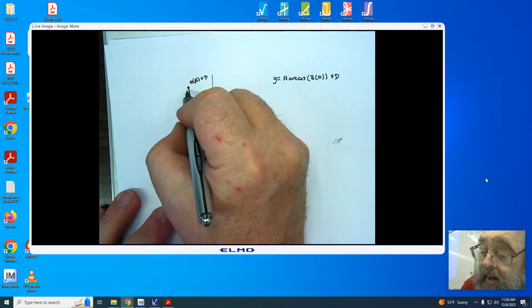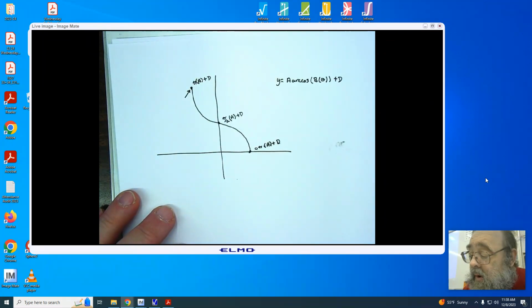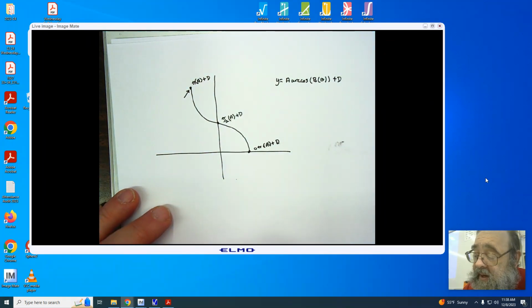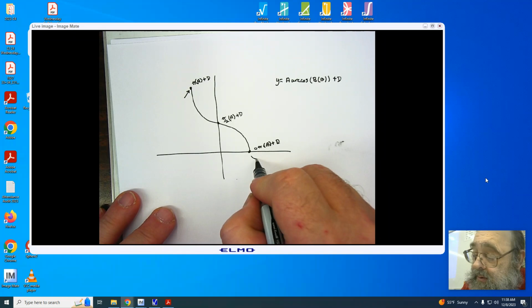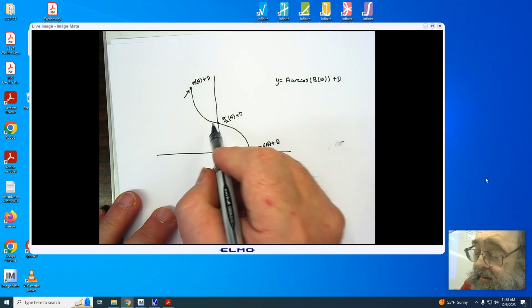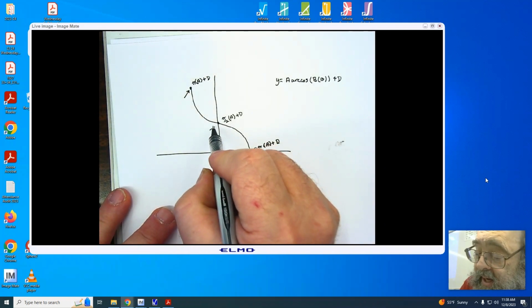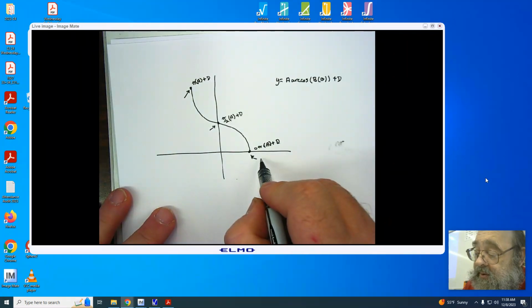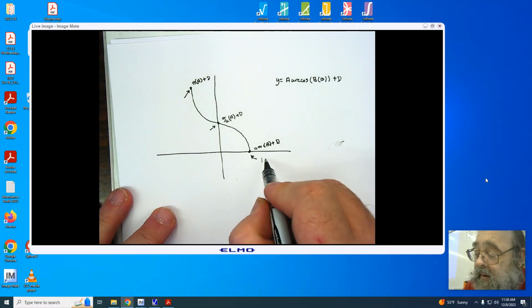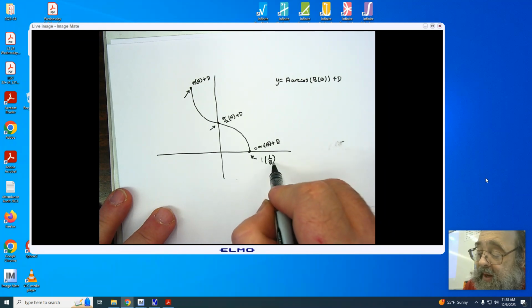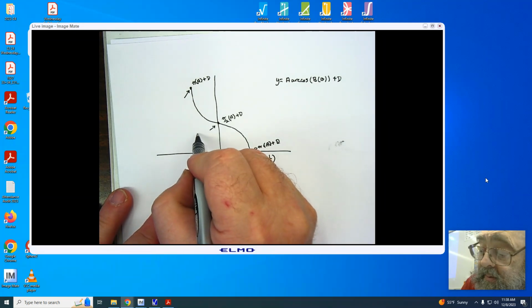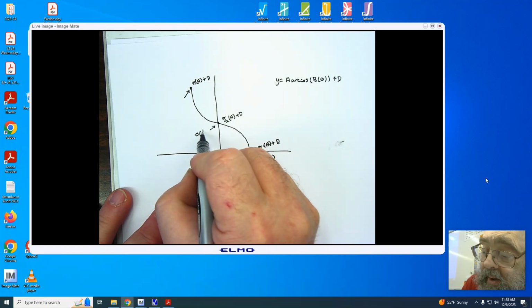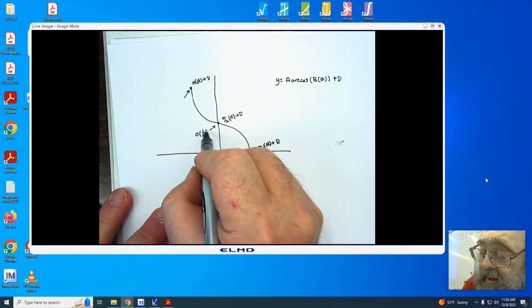Now, this point right here has an x-coordinate now, and we have to be careful with that x-coordinate, just like with this x-coordinate and this x-coordinate. Now, the x-coordinate here is going to be 1, and it is multiplied by 1 over the absolute value of b. This turns out to be 0 times 1 over the absolute value of b.